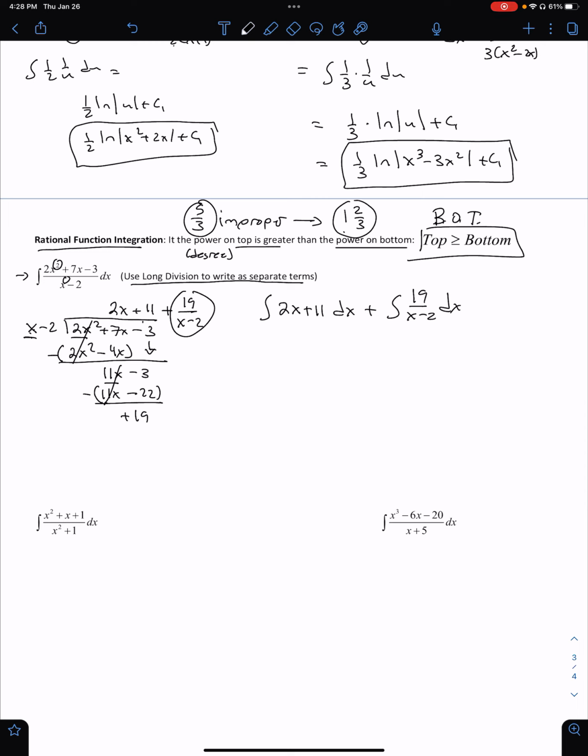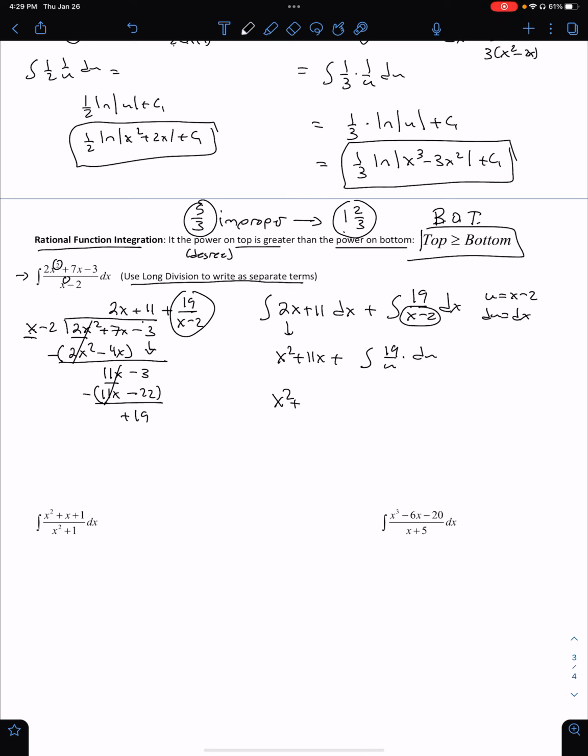Integrating over here, 2x just becomes x squared plus 11x plus, over here on the next one, it's 19 over x minus 2. This is our u substitution. u will be x minus 2. Our du is dx. So this becomes plus the antiderivative of 19 over u, and I replace my dx with du, which is easy.